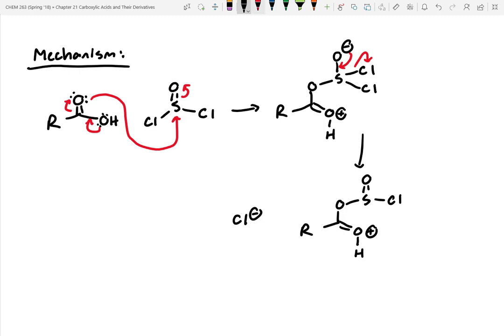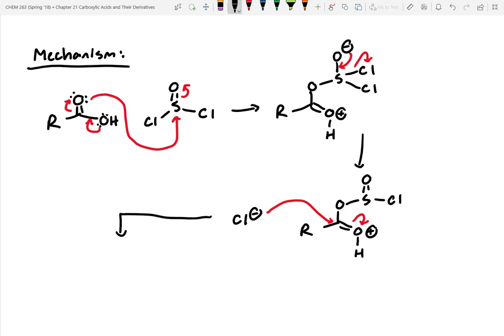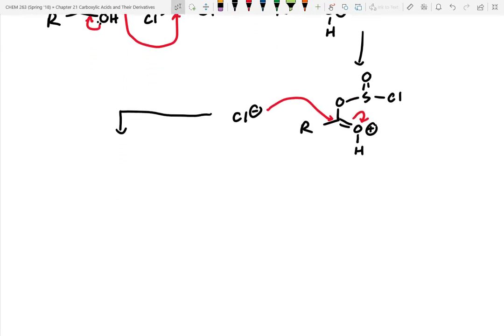And this chloride can actually act as a weak nucleophile, attack this carbonyl, kick electrons up onto oxygen. And I'm going to just move my chlorine down here. And we've got our alcohol like that. So that's one of our intermediates.